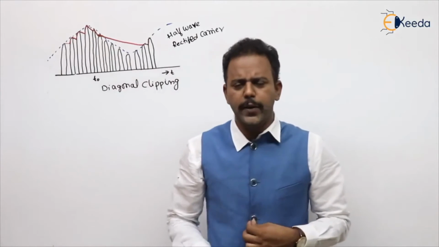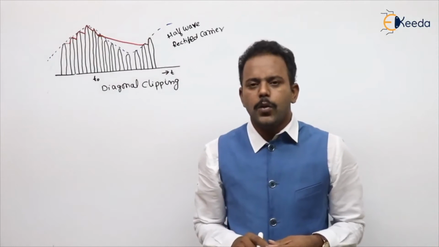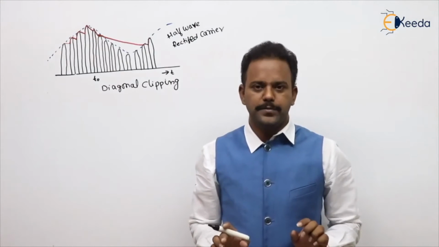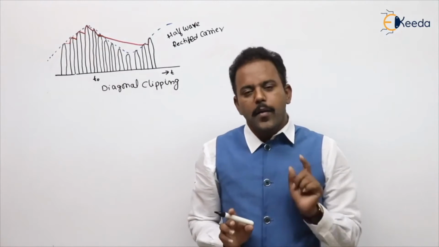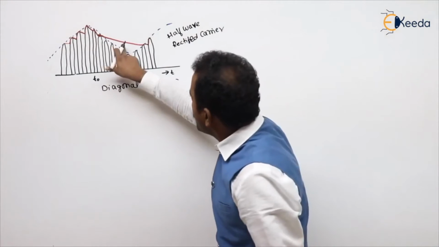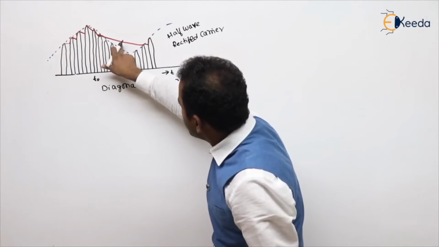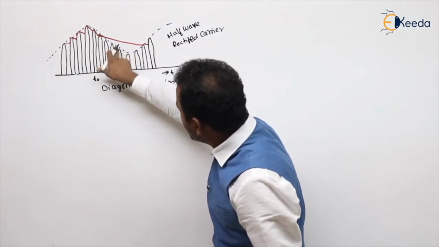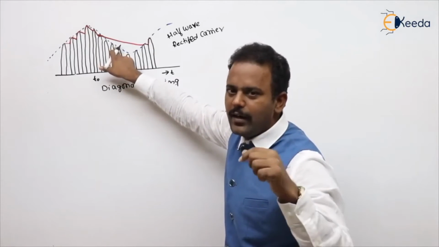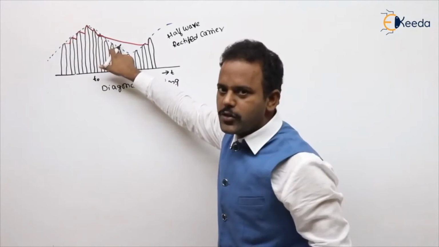We will also derive another two conditions to avoid the diagonal clipping. Are you getting my point or not? When diagonal clipping is avoided, the slope of this discharging capacitor is equal to, or maybe greater than, the slope of the envelope. Ideally it should be equal; as mathematics, I am also saying greater than.